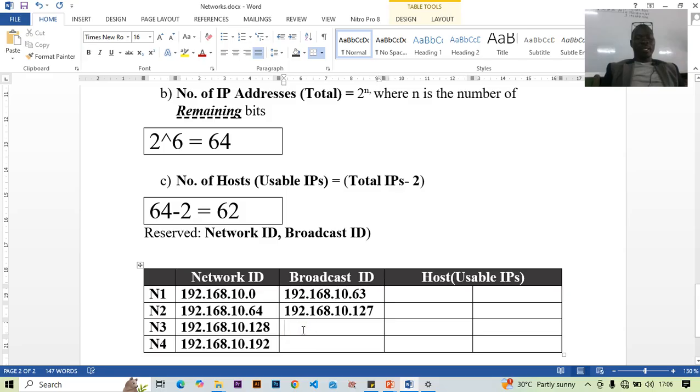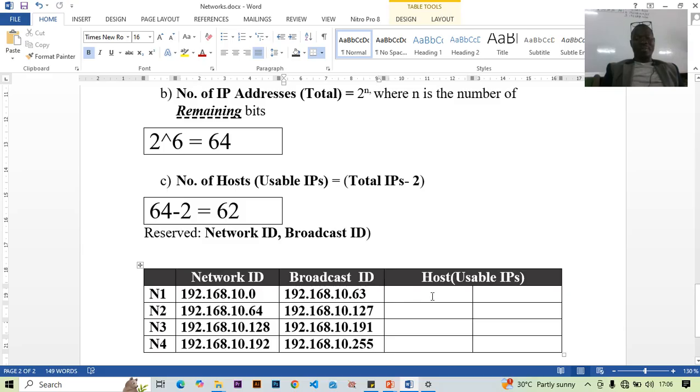Then to find for network 3, we subtract network 4 minus 1, which means we shall have that dot 191. Finally, for the last network, N4, if all these bits are turned on, that should give us the value for the last broadcast IP address, which is that dot 255, because if these are all turned on, you have 255.